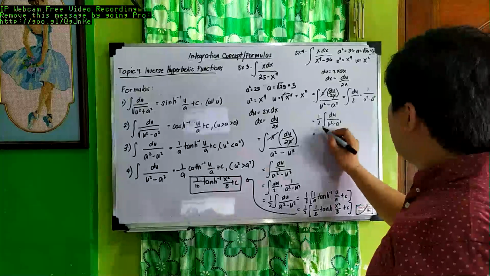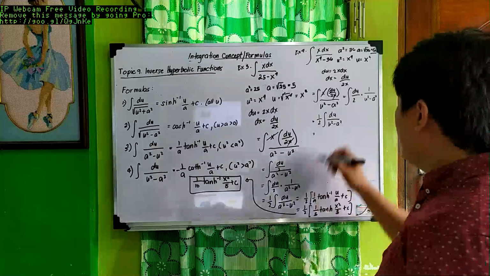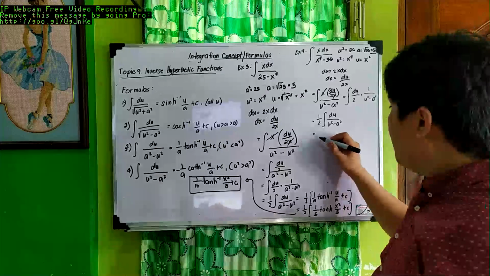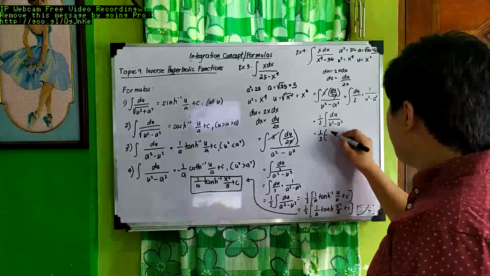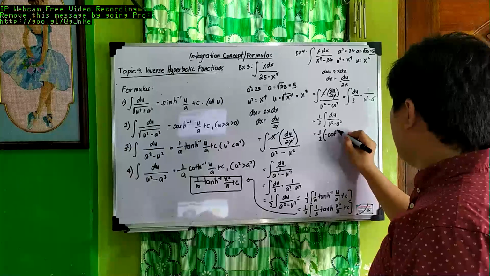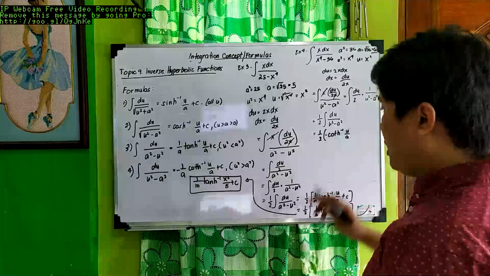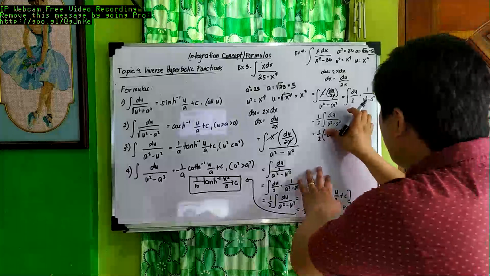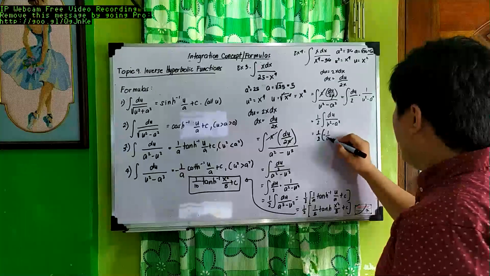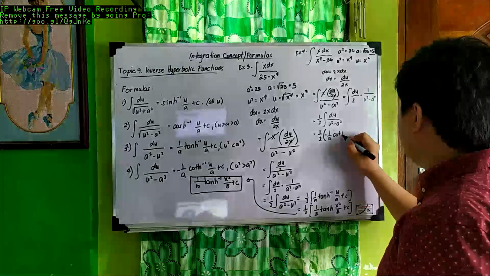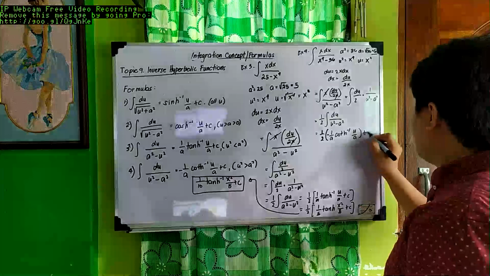So we know that this one is the identity or formula number 4, which is the arc cotangent hyperbolic, which is negative 1 over a arc cotangent hyperbolic of u over a plus c. Sorry, I forgot we still have 1 over a here.